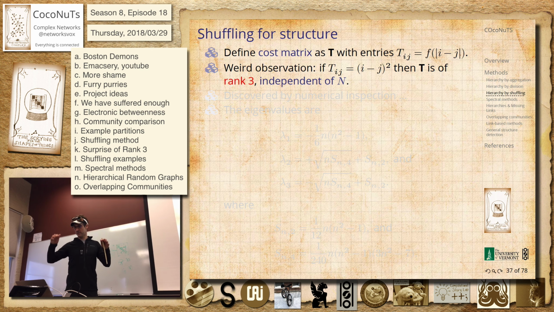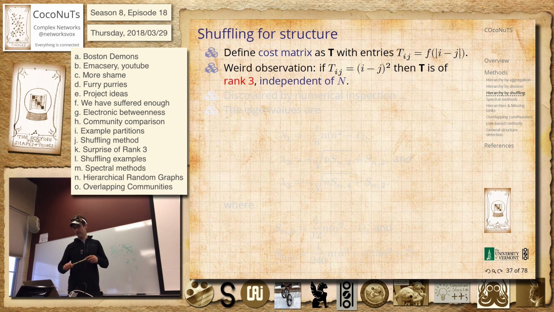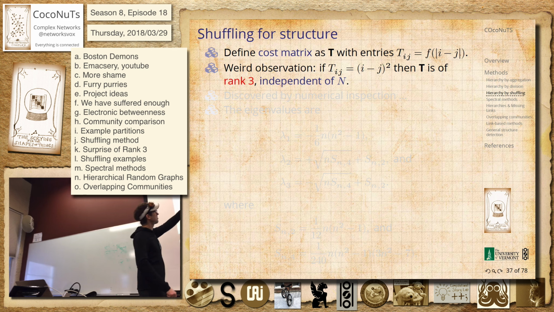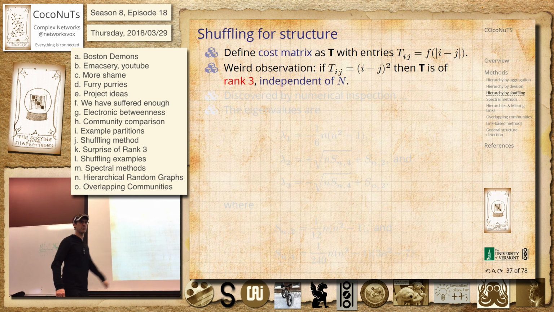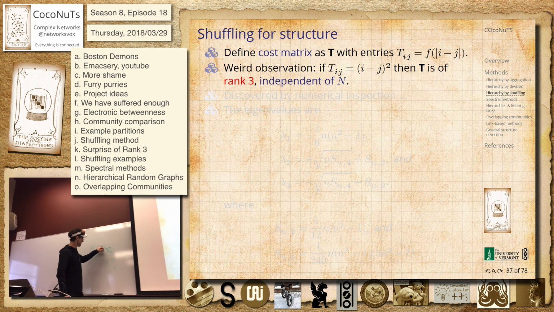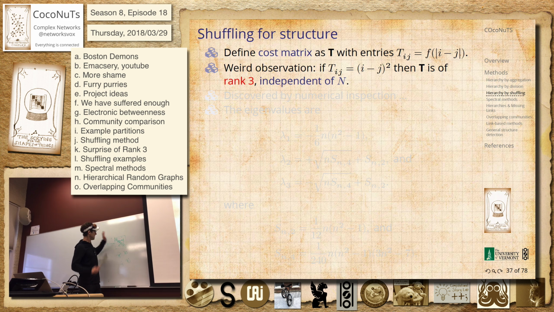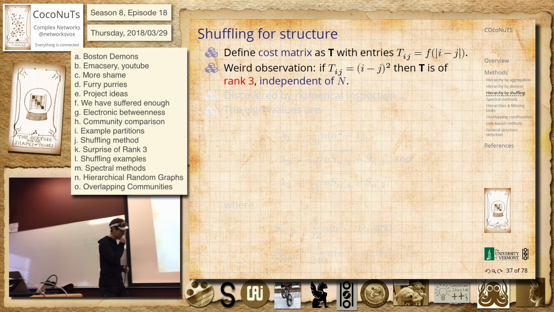We want it to be monotonically increasing. So here's a weird thing. We could just say, let's make it a square, so (i minus j) squared. Okay, so let's sum up this adjacency matrix multiplying (i minus j) squared. Every entry has this (i minus j) squared attached to it.